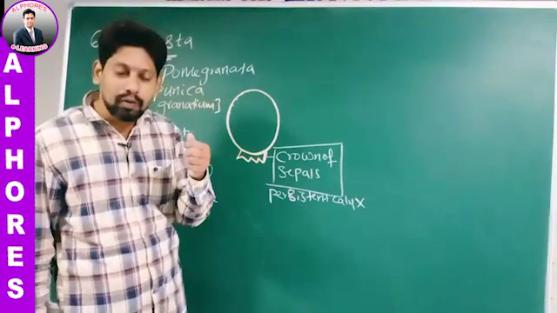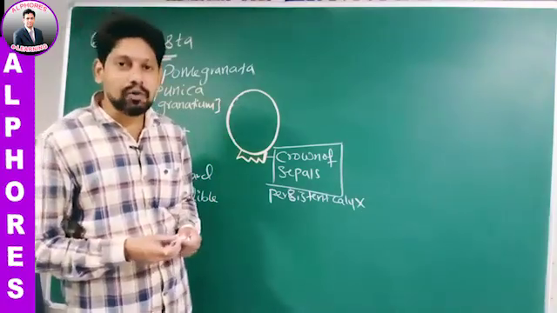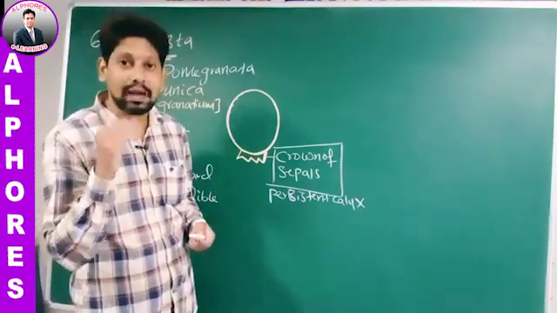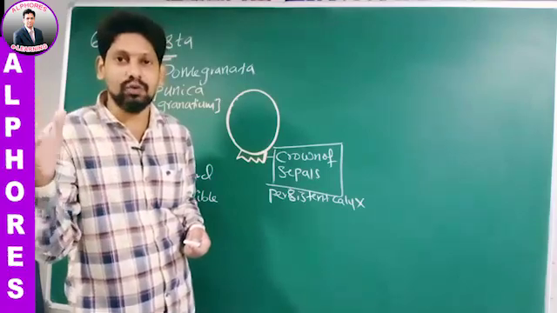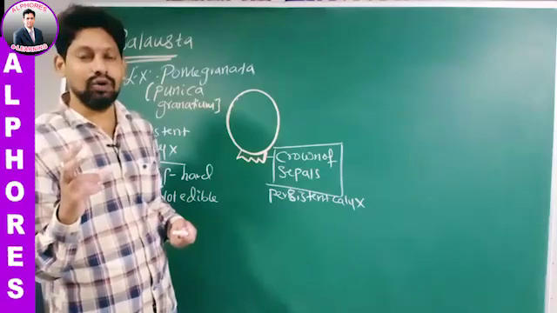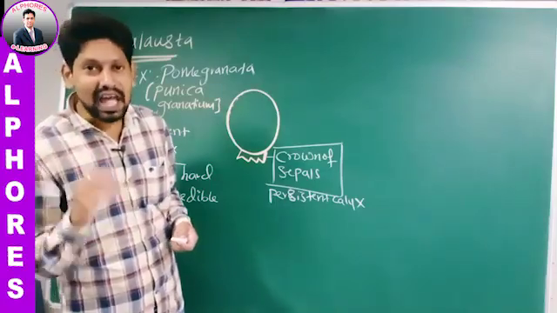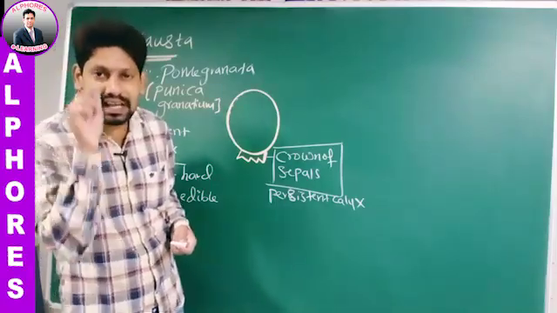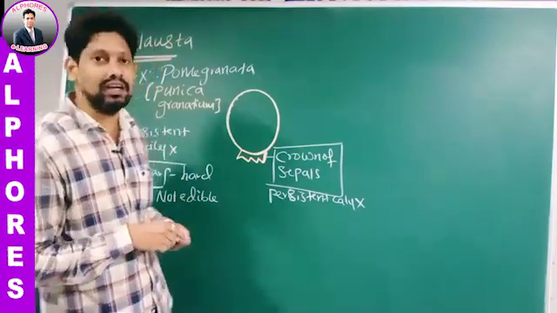If you see pomegranate, the endocarp is paper-like and it divides the fruit into chambers. Inside the fruit, you can see many chambers, and in between the chambers, a white layer is there, which is nothing but endocarp.